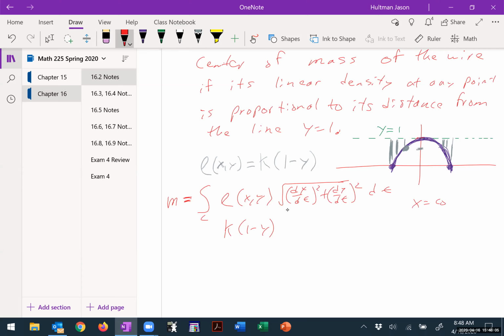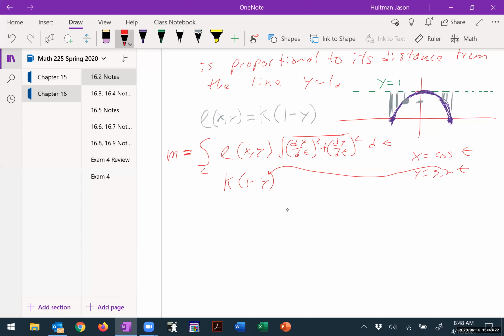So we're going to take this sine t and plug it in for y. And when we did this before, what did we find the derivatives to sum up to when I squared them? Wasn't that 1? I don't want to have to do it again, but this is just going to be equal to 1.